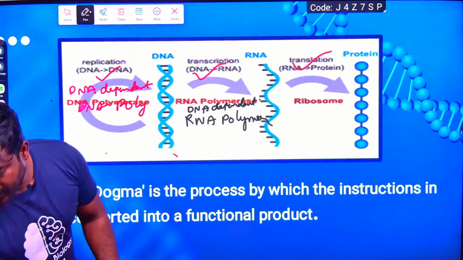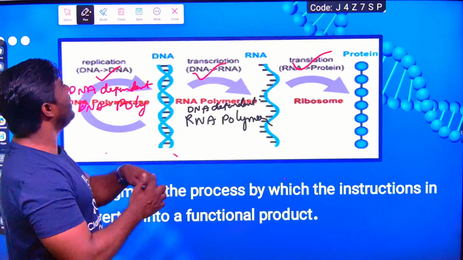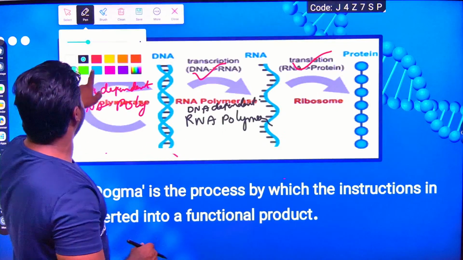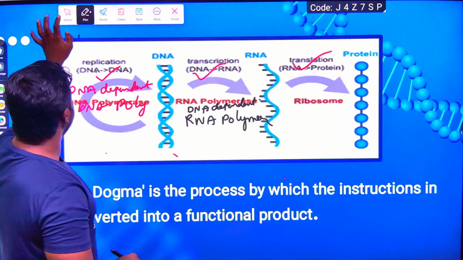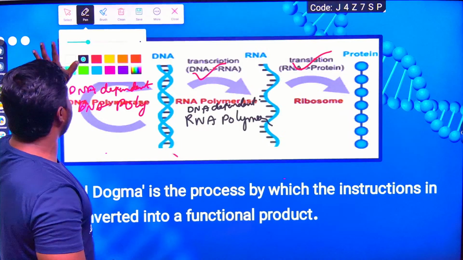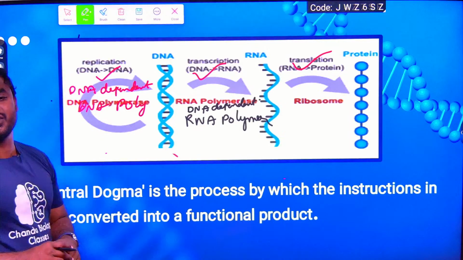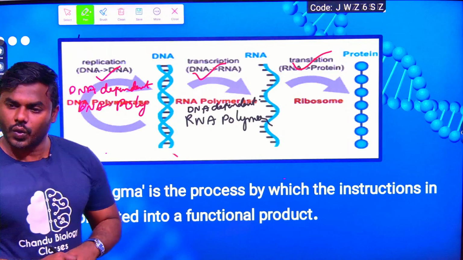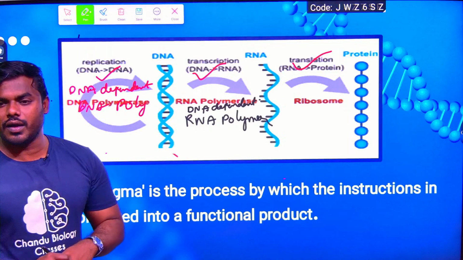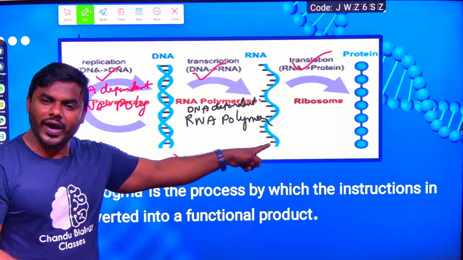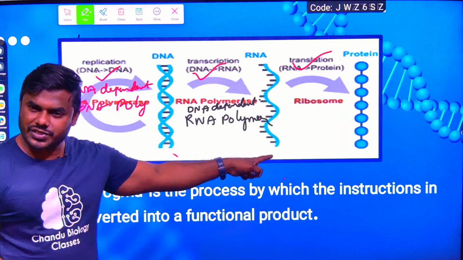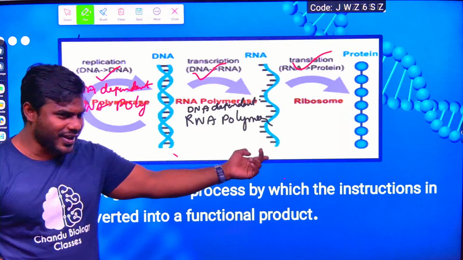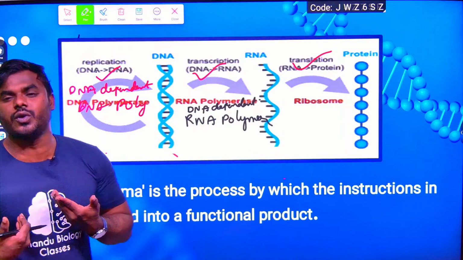It is crystal clear, and every student commonly knows one very important point. All the organisms have DNA as their genetic material except viruses. Viruses have what? RNA. So viruses undergo replication, you know it very well. RNA undergoes replication, that is what the virus will do in our body.